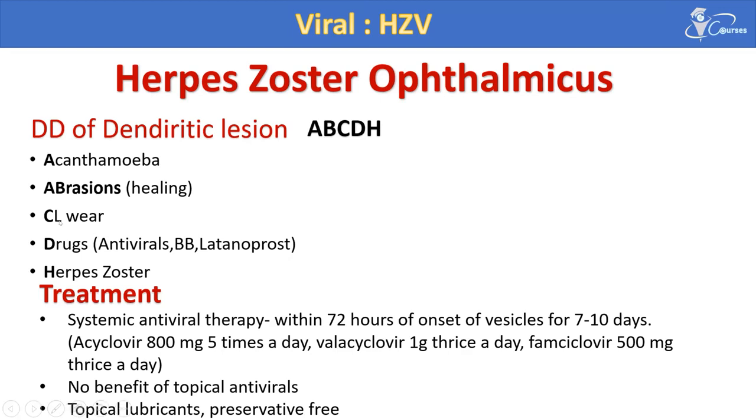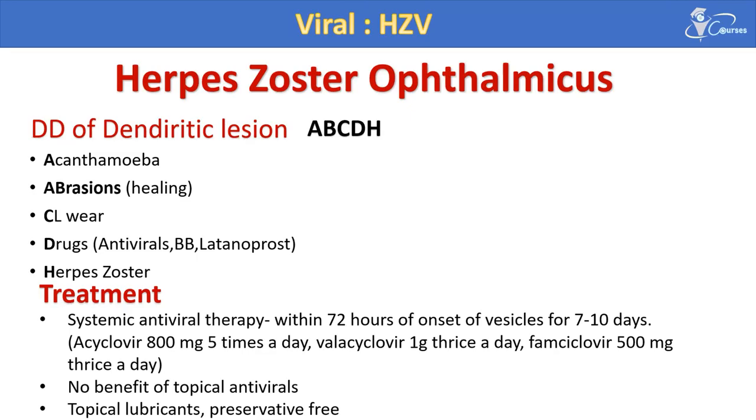C for contact lens wear, which can also cause abrasions, and these abrasions can give the pattern of a dendritic lesion. D for drugs: some drugs can give the appearance of a dendritic lesion, such as antivirals, beta blockers, latanoprost. And H for herpes zoster. So not every patient with a dendritic lesion has a dendritic ulcer. It can be a pseudodendrite.